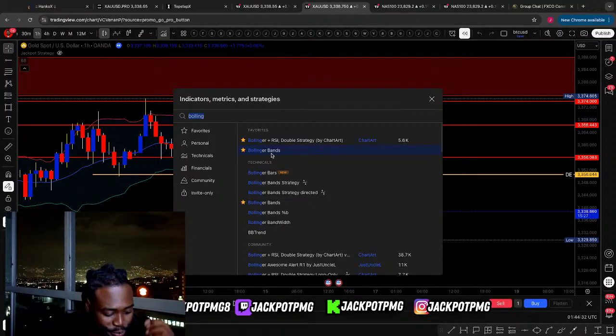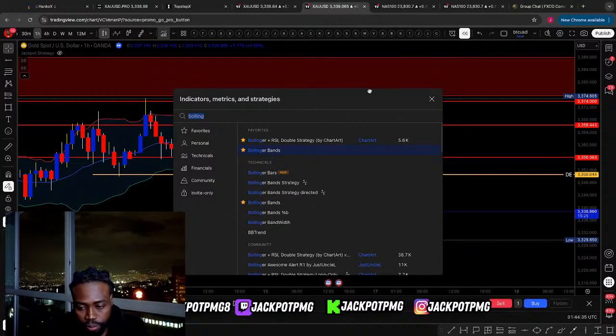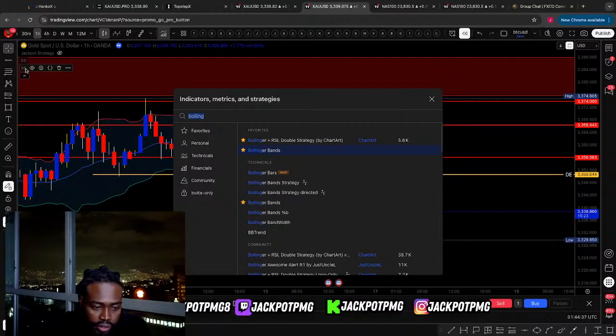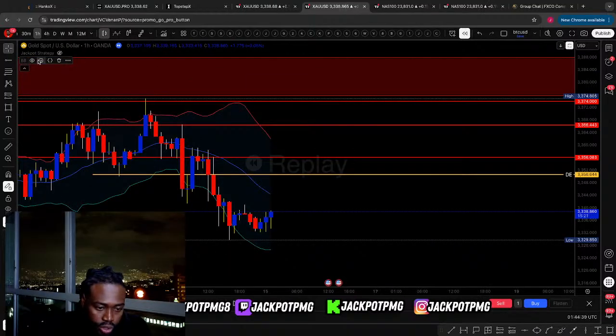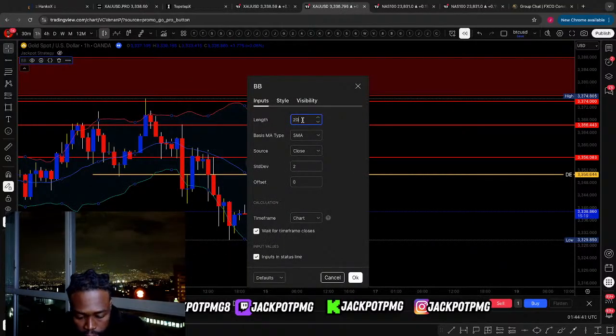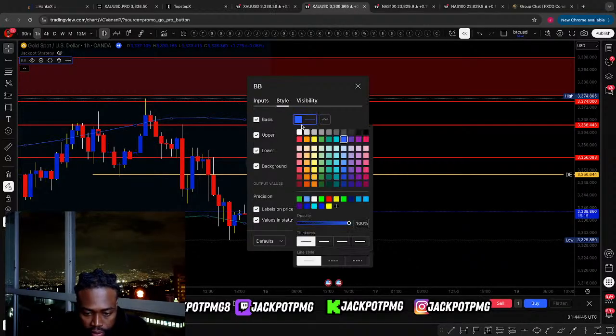Let's get to it. We already know price is going, Bollinger Band is on the zone, right? Boom. So it's on the zone. We go here. We do 200. Boom. We go to style. We're gonna make it upper red.